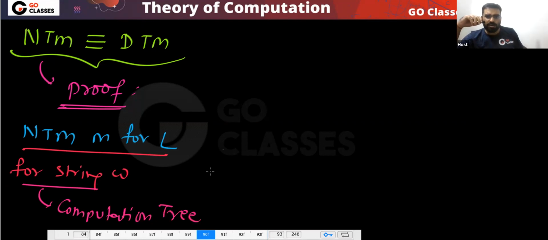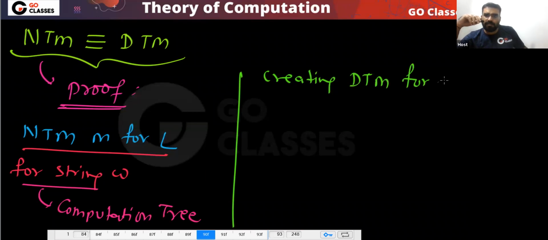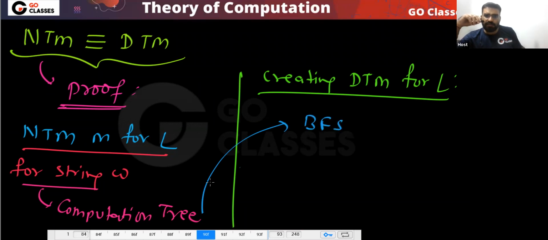Now, how can you create a DTM for L from this? For this computation tree, you will do BFS, not DFS. Don't do depth first search.